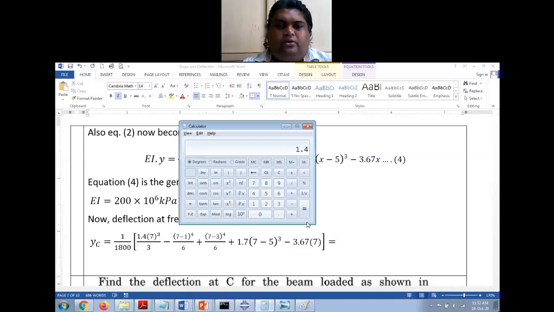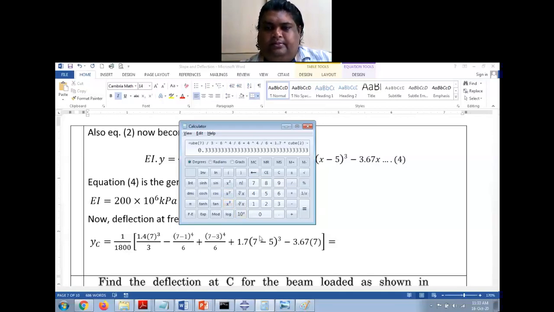Okay, 1.4 into 7 cube by 3 minus, this is 7 minus 1, it will be 6, 6 raised to 4 by 6, plus 7 minus 3 is 4, 4 raised to 4 by 6, plus 1.7 into 7 minus 5. 7 minus 5 is 2, cube of that, minus 3.67 into 7.